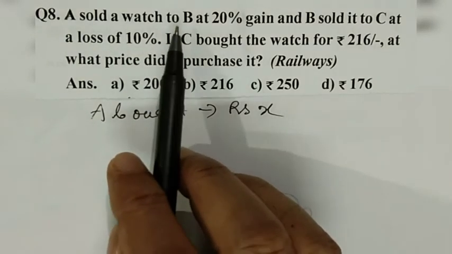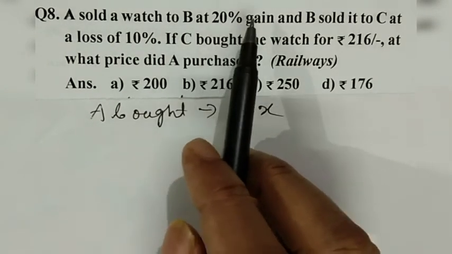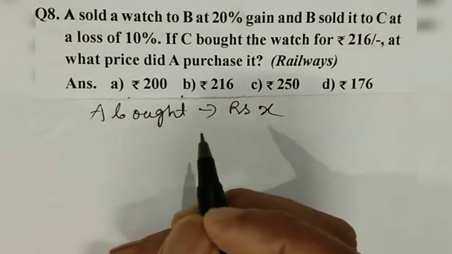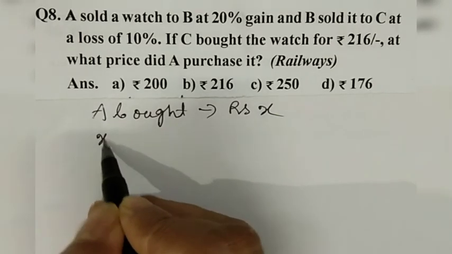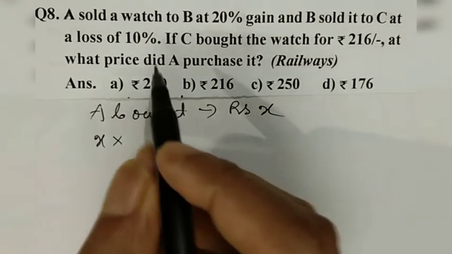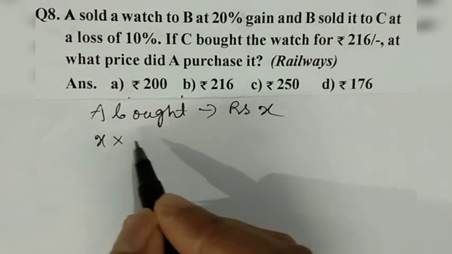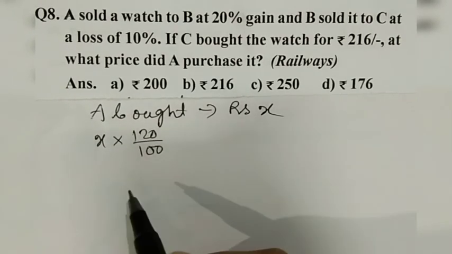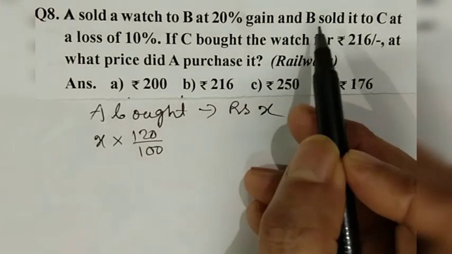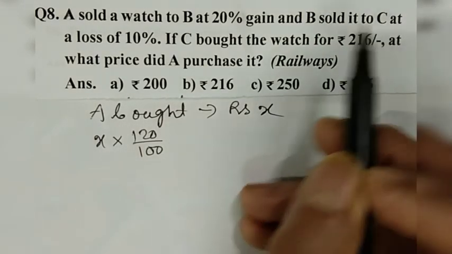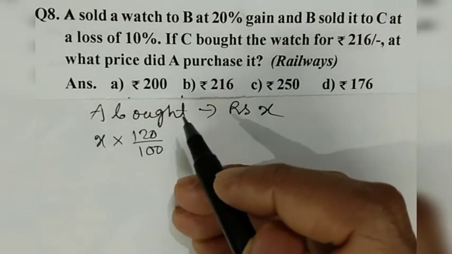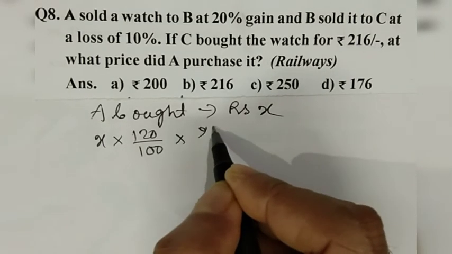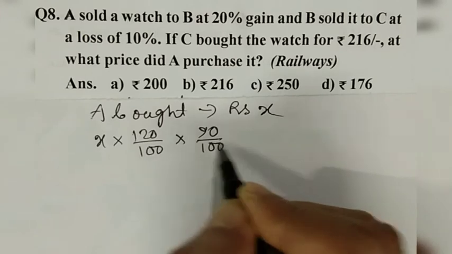A sold a watch to B at 20% gain. So we can write B bought it at X into 20% gain, 120 by 100. Then B sold it to C at a loss of 10%. So C bought it at into 90 by 100. Okay?